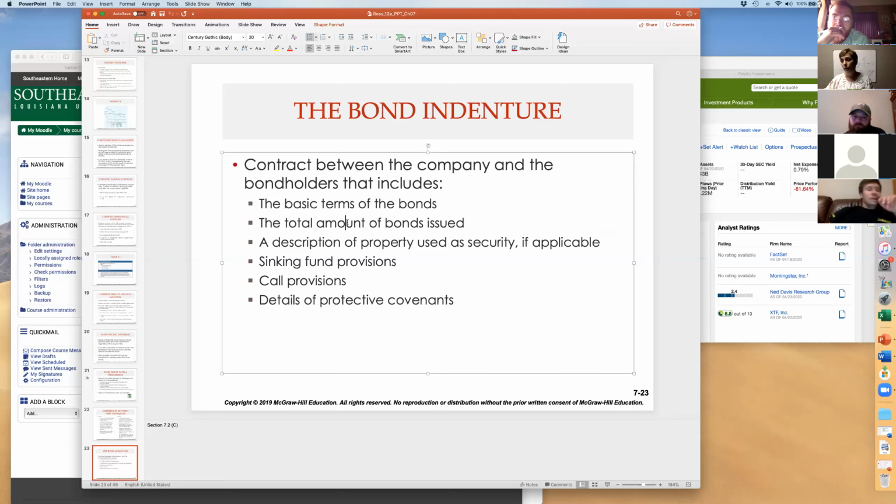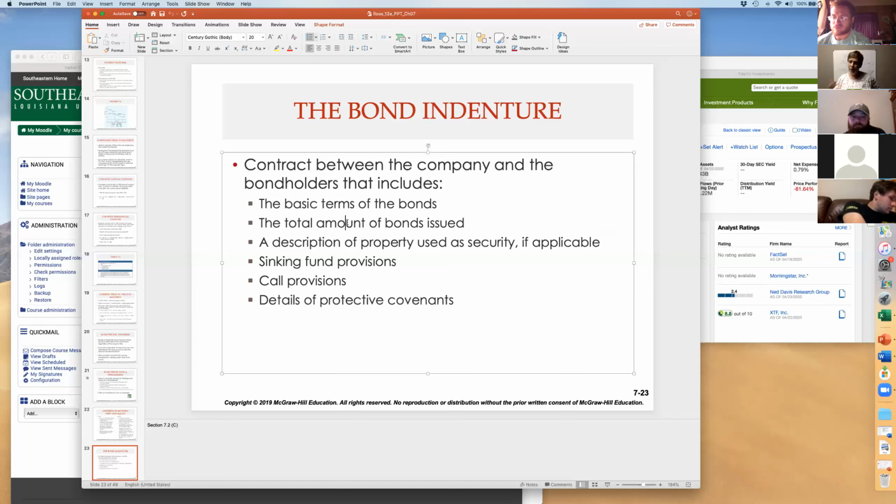And so they'll place protective covenants in there, like maybe caps on executive salary. Again, executive salary comes out before stockholders get their money, and oftentimes before bondholders get their cash flows. So protective covenants are there to protect the bondholders and the obligations of cash flows that are coming to them.